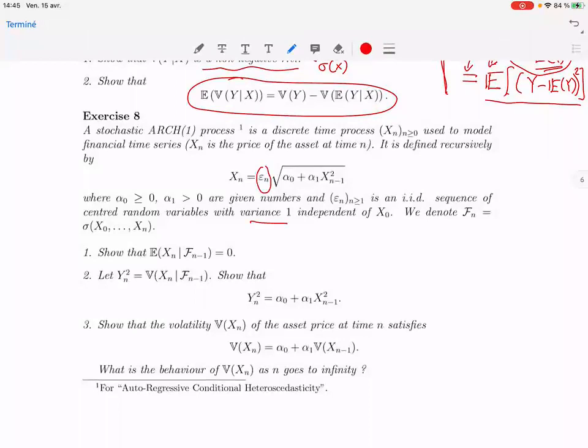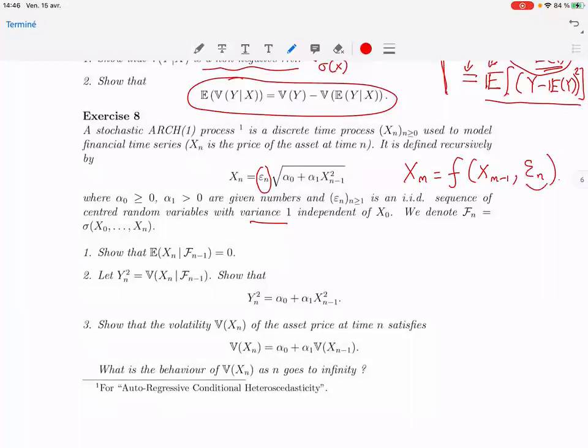Alpha 0 and alpha 1 are just positive constants. So you see that X_n is in fact some function of X_(n-1) and epsilon n. That is the general form of a homogeneous Markov chain, where the epsilon n are IID.